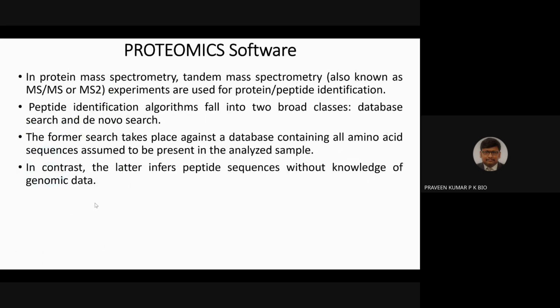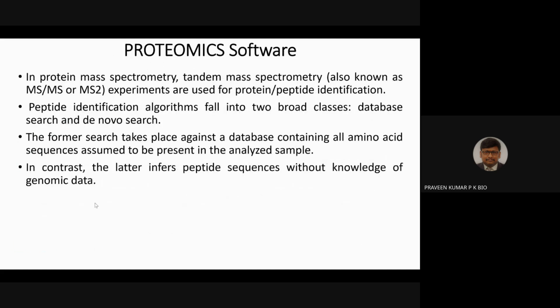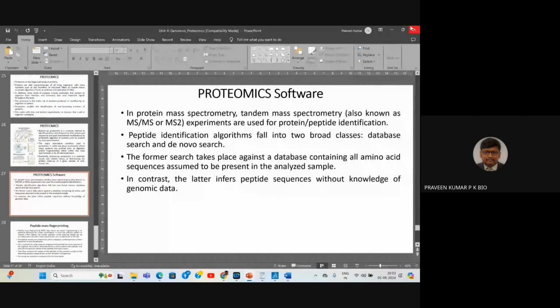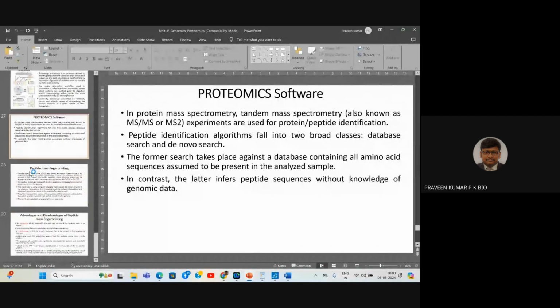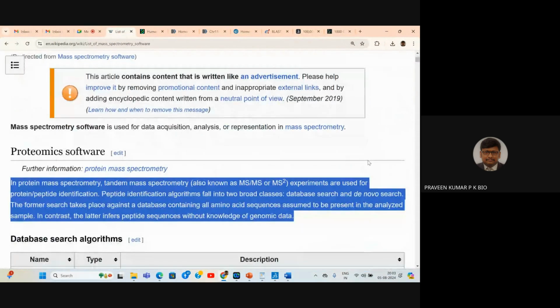This extract I have taken from Wikipedia. Proteomics software, we have plenty of software. Whatever output is generated from mass spectrometry, TOF, MALDI-TOF, all these things we can predict from the proteomics software. Even peptide mass fingerprinting, we can find from it.